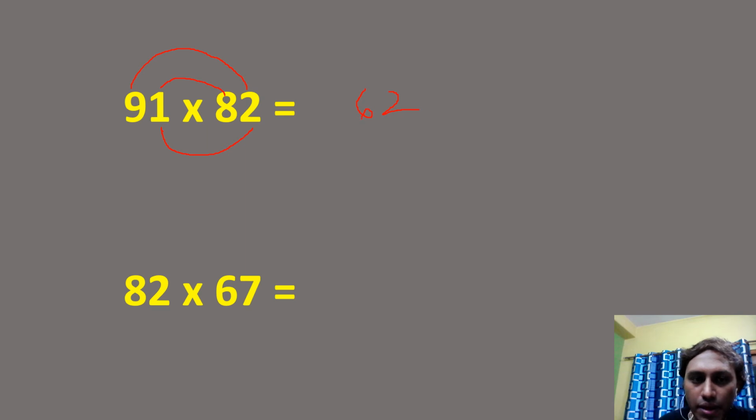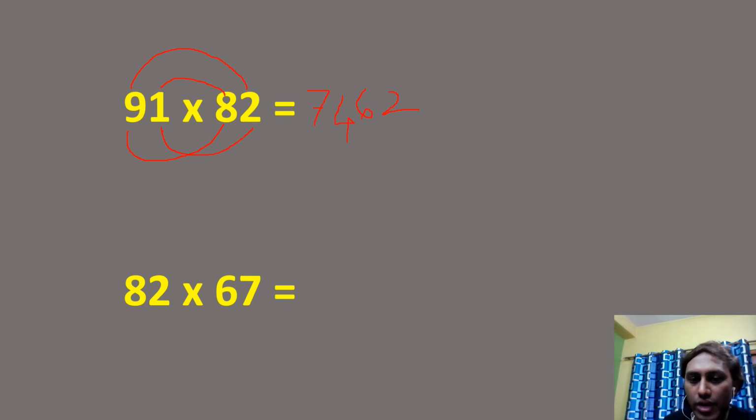Then you multiply the tens place, 9 and 8, 72 plus 2, so that must be 74. Cool guys? So the answer must be 7462.